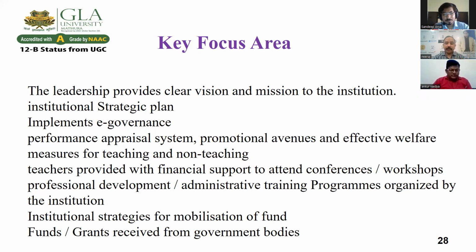Implementation of e-governance: whether the administration is connected with the bottom nodes through an e-system, so that the administration or higher management can get information about anything related to the students, faculty, or other resources with a single click. So, implementation of an e-governance system in the HEI or not.